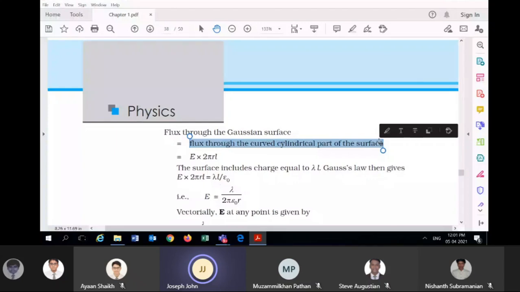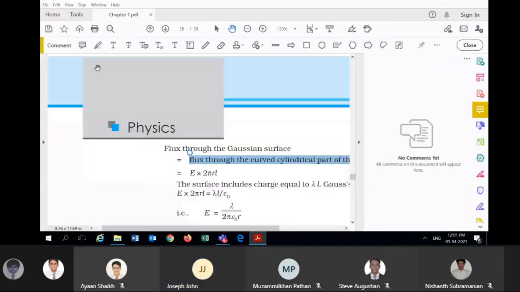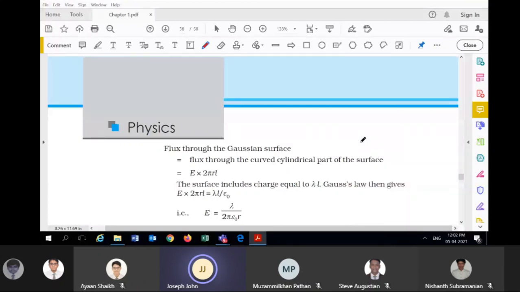Flux through the curved cylindrical part of the surface is... Finish, all of you. I'm shortening it.